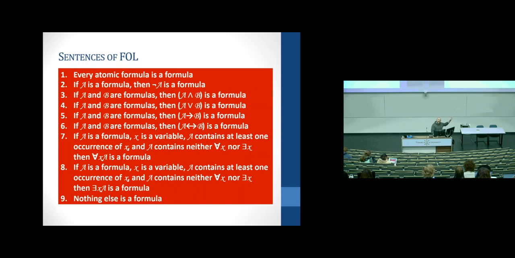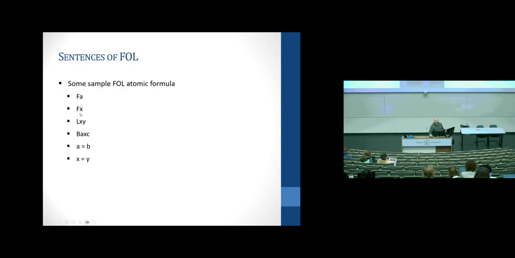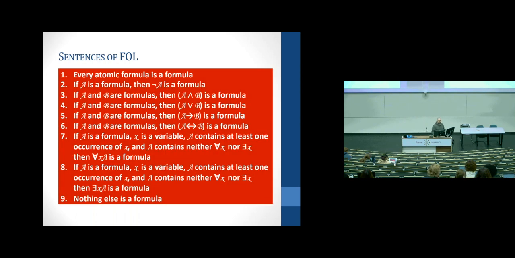So if you have, for example, to go back a slide, if you have Fx, you can turn this atomic formula into a well-formed one by putting either an existential x in front or a universal x in front. Just basically saying what we talked about before, that variables always need to be linked up with quantifiers. That's what 7 and 8 say. If you've got a variable there, cool, you can bind it with a quantifier. 9 tells us, don't break the rules.